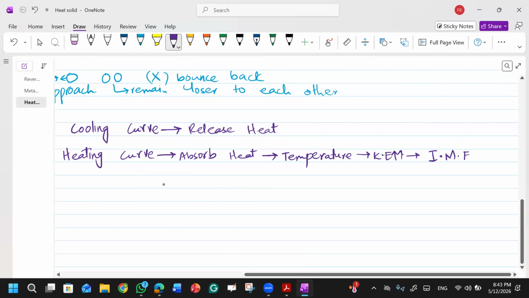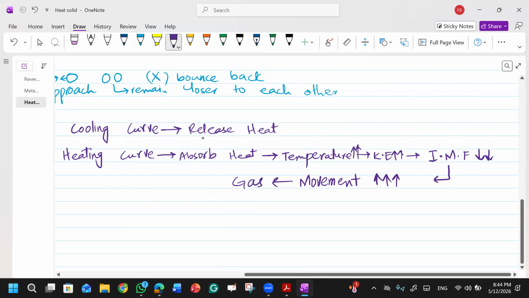When you are increasing temperature, the intermolecular forces will decrease. Why will they decrease? Because when you increase the temperature, there is enough kinetic energy to break these forces. So that's why the intermolecular forces will decrease, and the movement of particles will increase, and when the movement increases, definitely you will get gaseous form.